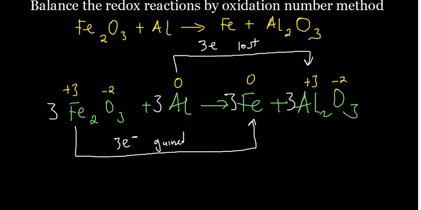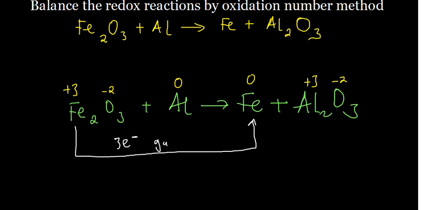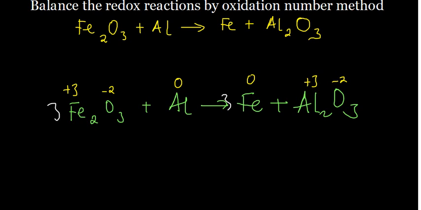Now notice that if you do that, the atoms are not going to be balanced. In a case like this one, you are supposed to multiply this by 3, also this by 3, but notice that there is already a number down here, and there is no number there. If you already have a number down, in such a case, what you do is balance by inspection.